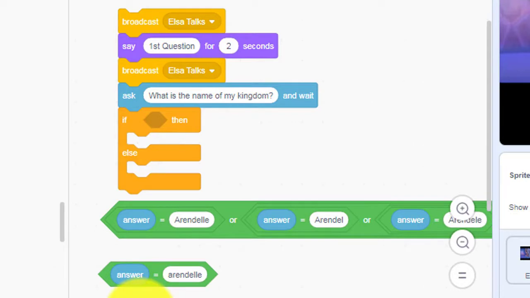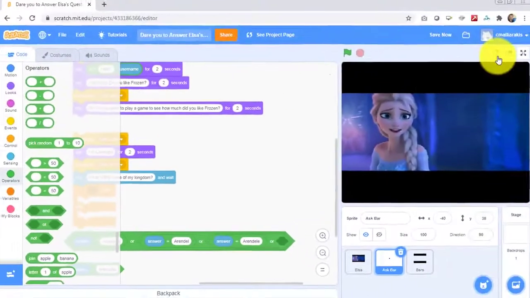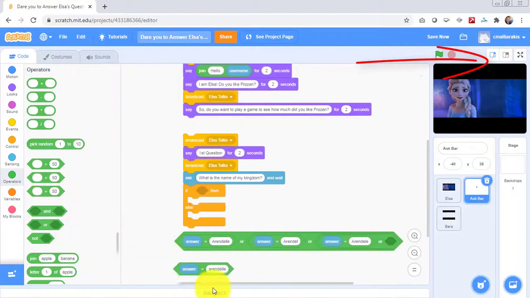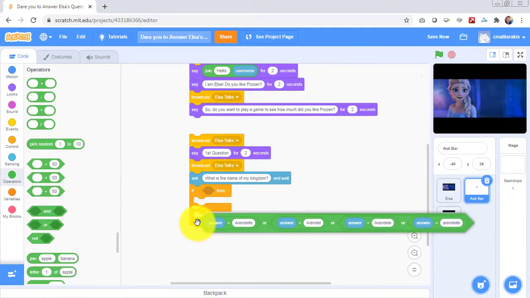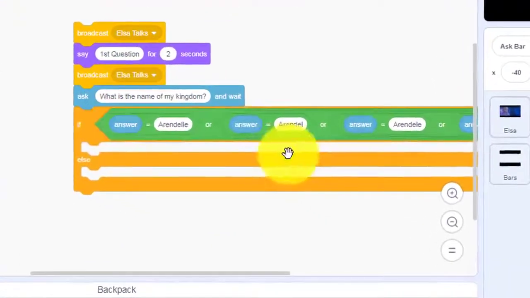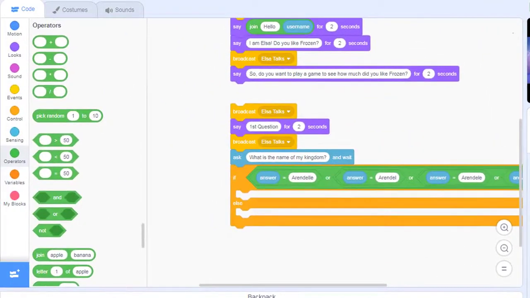Here the third one, and I will go right there. You can click this button right here so that this is a little bit smaller, and I will add this one right here, and I will take all these blocks and add it right here. So if the answer is one of these, then I would like to say well done.